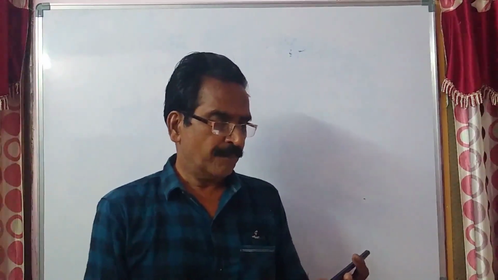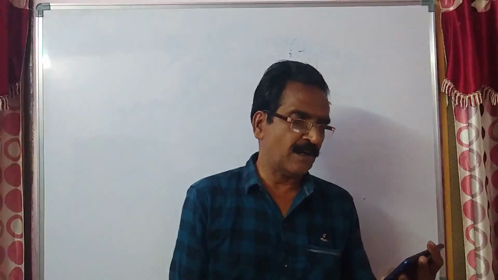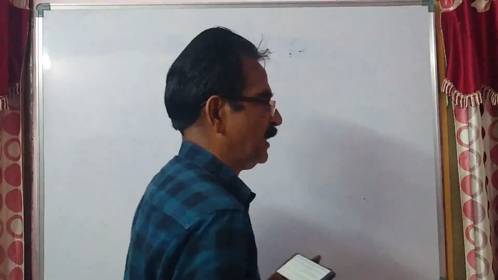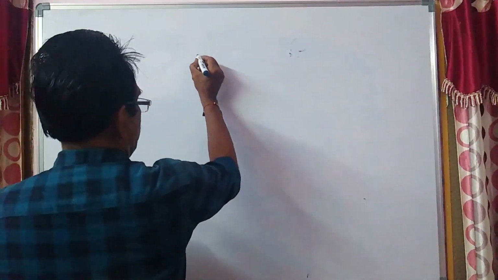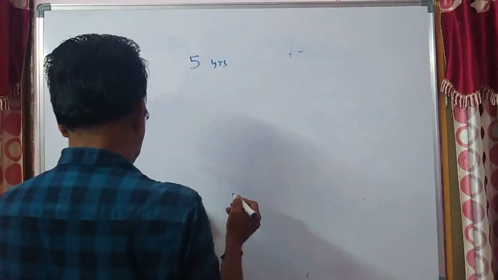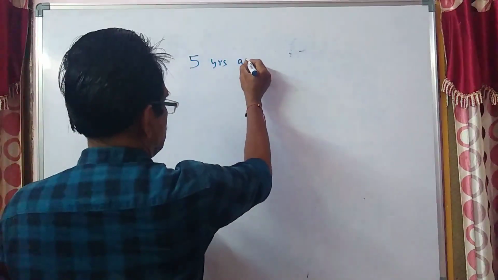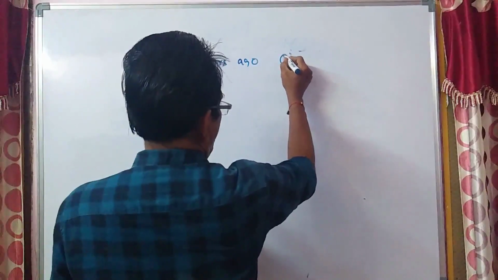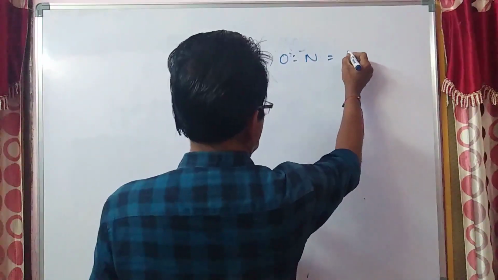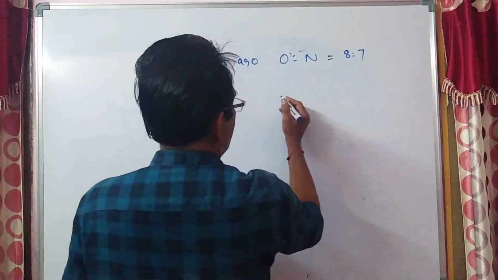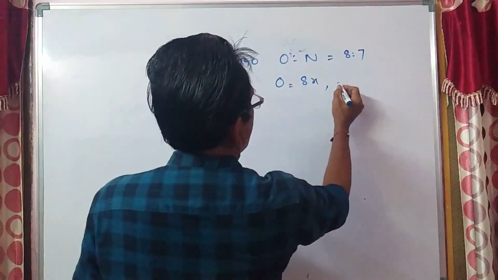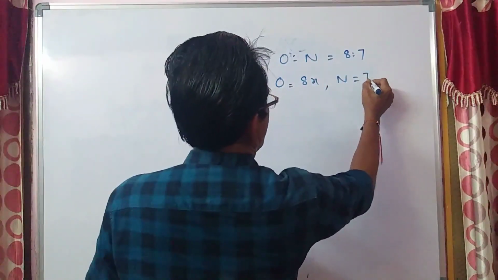5 years ago, the ratio of the ages of O and N was 8:7. That is O is 8x, N is 7x.